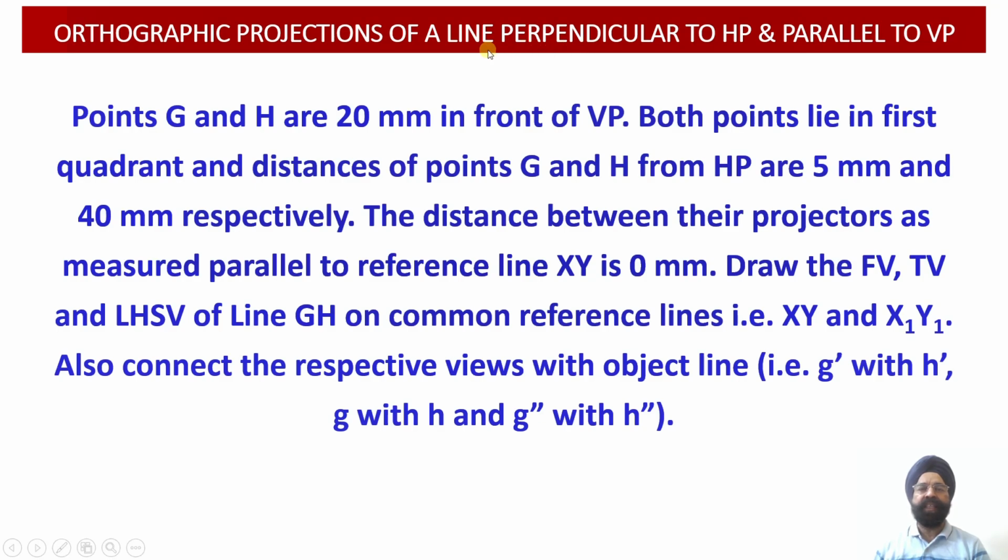And since this line is perpendicular to the horizontal plane, the top view projections of this line will be converging and coinciding with each other, and we will be able to obtain the point view projections of this line onto the horizontal plane.